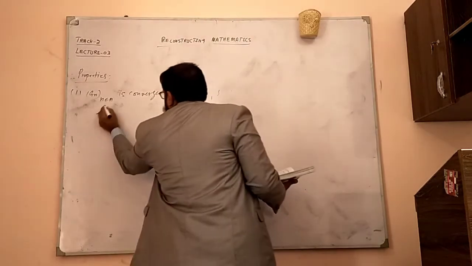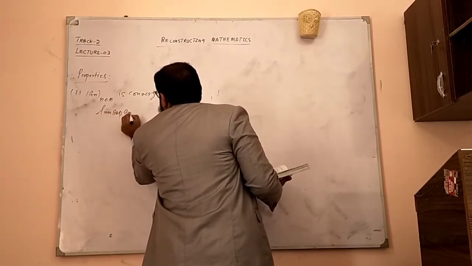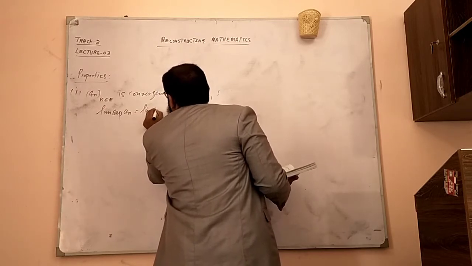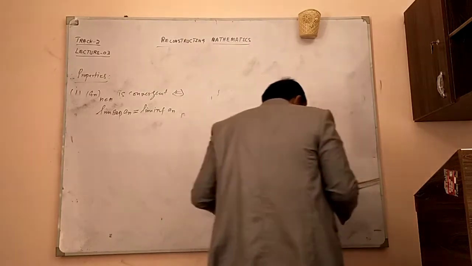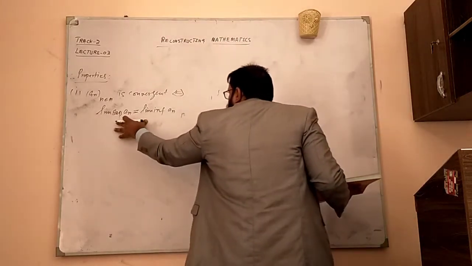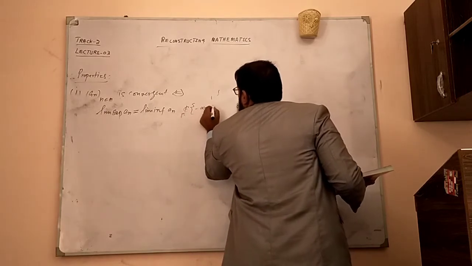Limsup a_n is the same as liminf a_n. I am not writing n goes to infinity, it must be clear. And these two must not belong to this set, minus infinity to plus infinity.